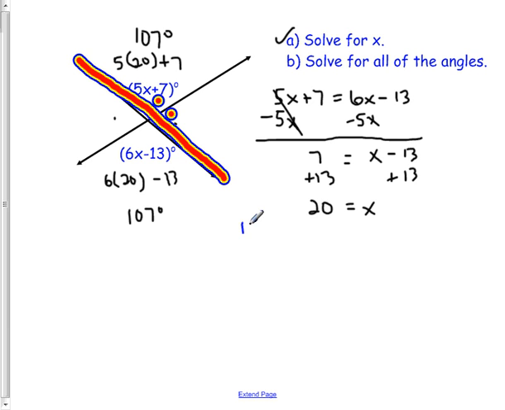So 180 take away 107, and we get 73 degrees. That's going to give us this one here. And then the nice thing about vertical angles is if we get this as 73, this one is as well. Now we have solved for all of the angles. Okay, so that's the first one. Hopefully you got that one right. Now let's move on to the next one.